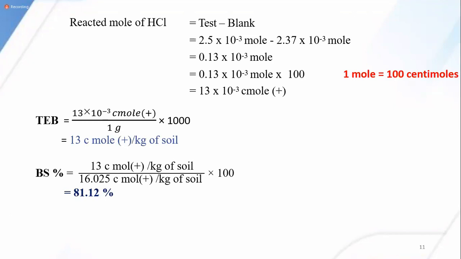So what is the equation to find the base saturation? Anyone of you? Can you tell me what is the equation?